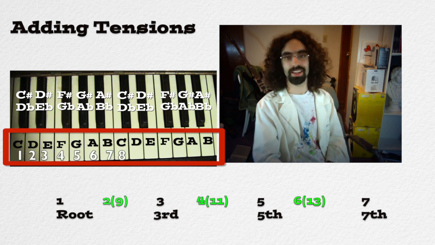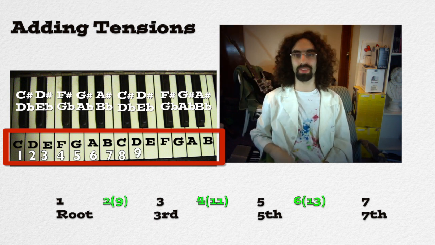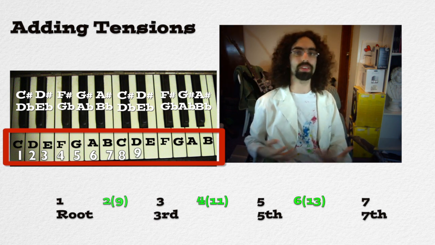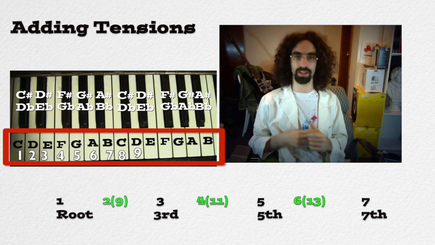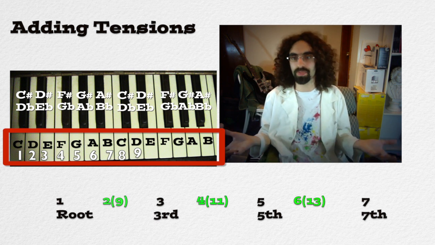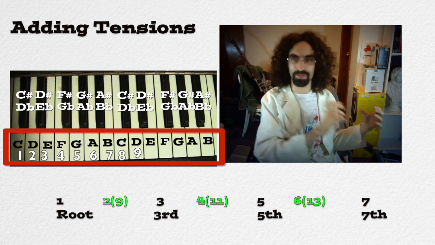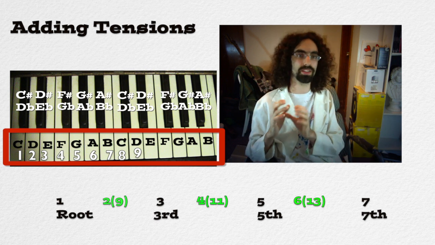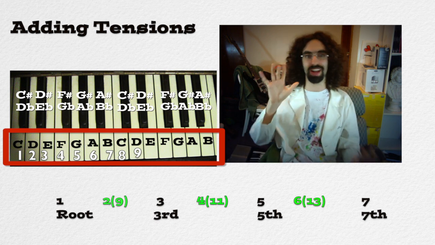So if you go past 8, you can go to 9, and that's D. And that can be considered the 9 or the 2, because in a C major scale, D is the 2nd note. But if you go up an octave, it's the 9th note. But it's still just D. So it's the 9 relative to the very first bottom C, but it's the 2 relative to the higher C, the octave, the number 8.